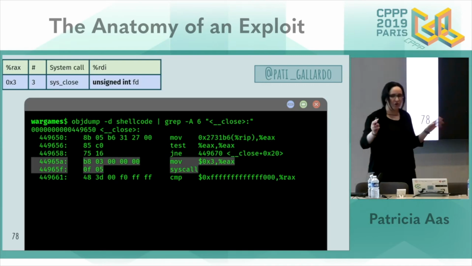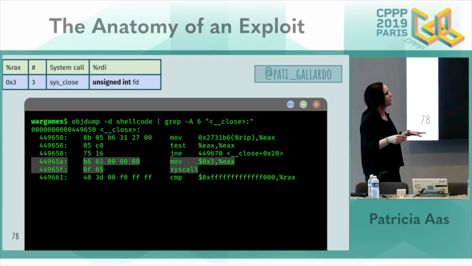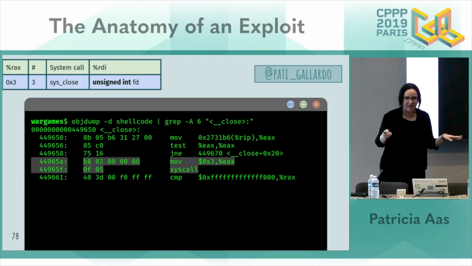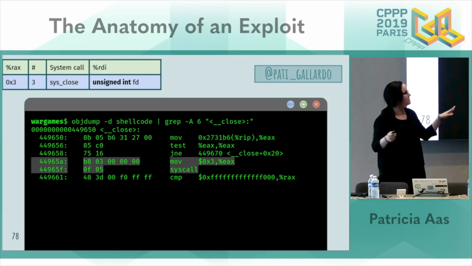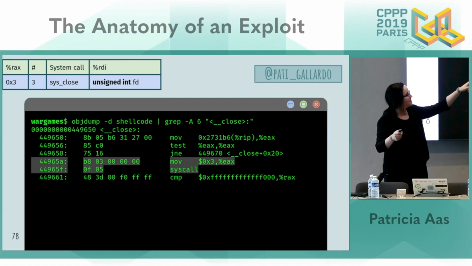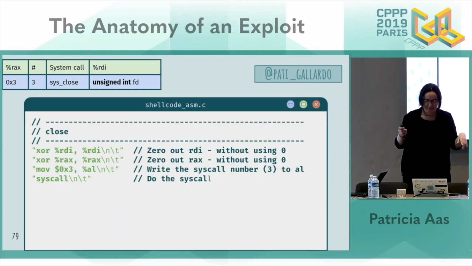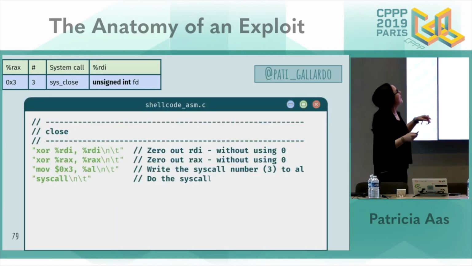So the best way is just to go and look at the assembly of our compiled program and then use that as inspiration to write our own inline assembly. So here for close, we see that it moves 3 into EAX, and then calls syscall. So then we just try to emulate that.